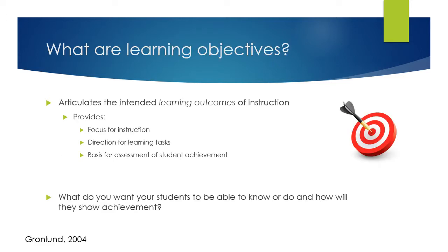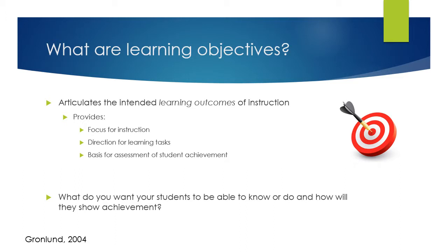Most health sciences educational programs require instructors to write objectives. This is also true for most accreditors that are in the health sciences realm. But to make sure that we're on the same page as we work through this seminar, what exactly are learning objectives? One definition I found is that this is a way for instructors to tell students what the intended learning outcomes are for an instruction or an activity or a course.